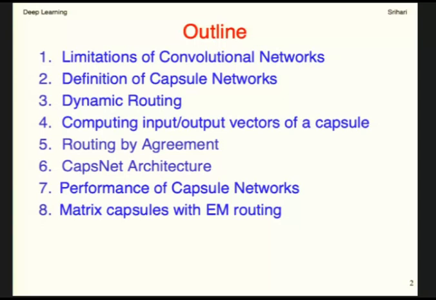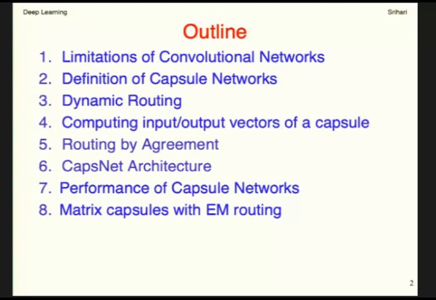But it says some of these seem to be more in agreement than the others. So we calculate that value after a few passes, figure out the right coupling coefficients. So there is something more dynamic happening, much more happening than in an ordinary neural network. And then there is a CapsNet architecture. How do you put it all together to solve a problem, right?